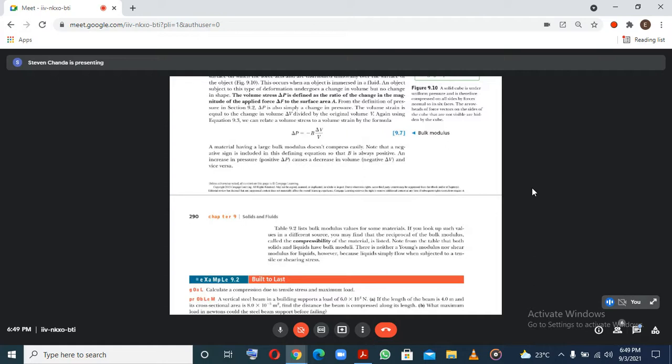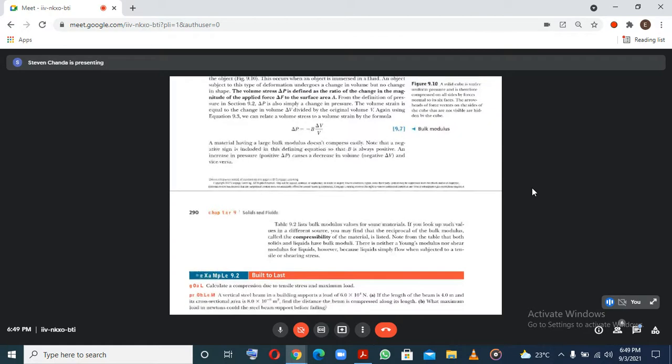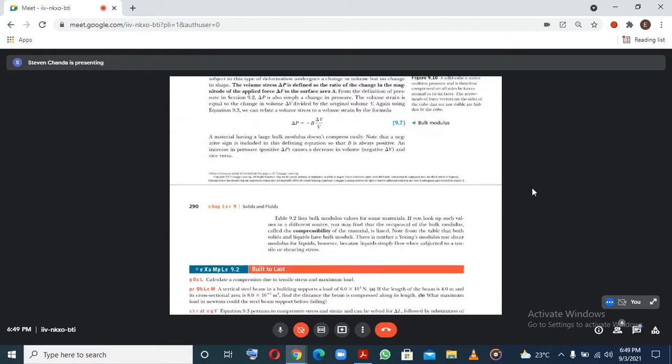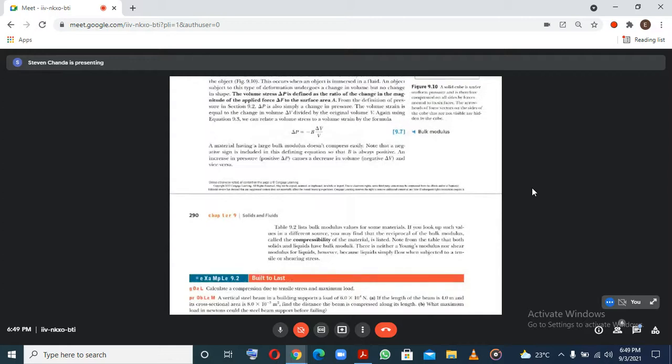So the key things from what I've read: a vertical steel beam. Why is the steel important? Because the steel lets you know which substance you're going to be focusing on when checking whether it's going to be Young's modulus or something else. So the material is very important. Then you also want to check for 'find the distance the beam is compressed along its length.'